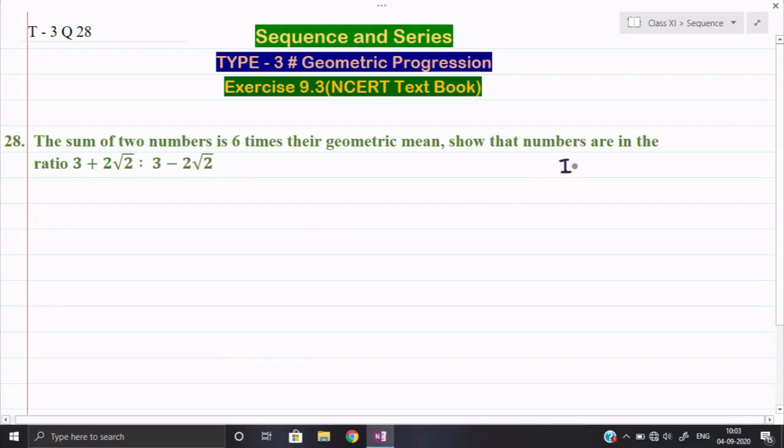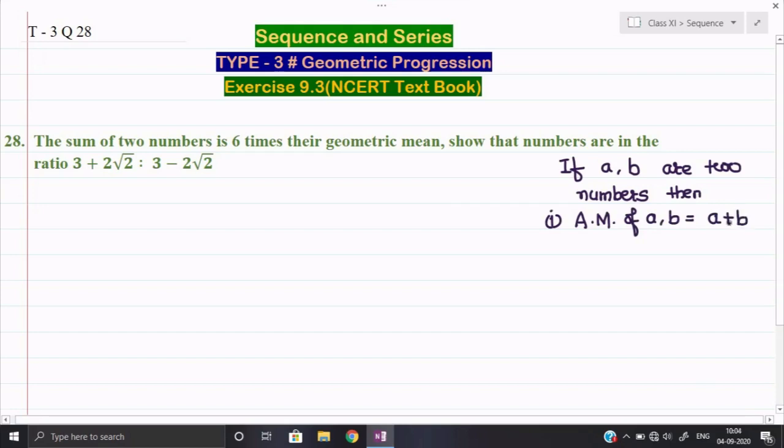If a, b are two numbers, then first point, remember, arithmetic mean of a, b will be equal to (a plus b) upon 2.